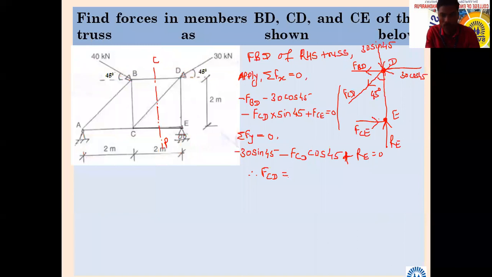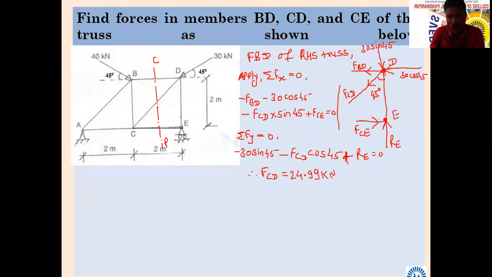So what I will do? 38.89 minus 30 sin 45 divided by cos 45. What is your answer for FCD? 24.99. Plus or minus? Plus. Very good. 24.99 means almost it is 25.